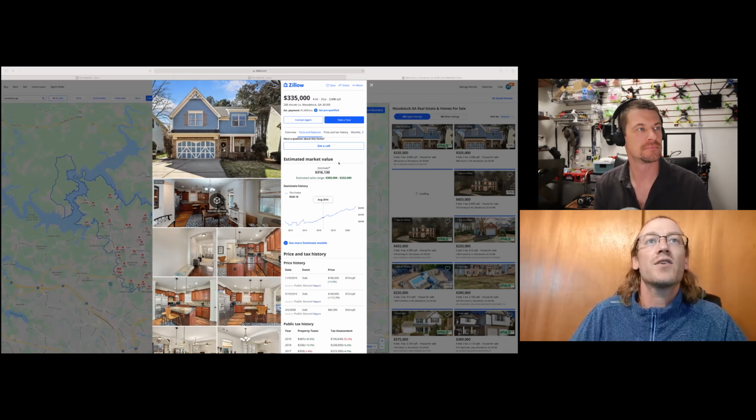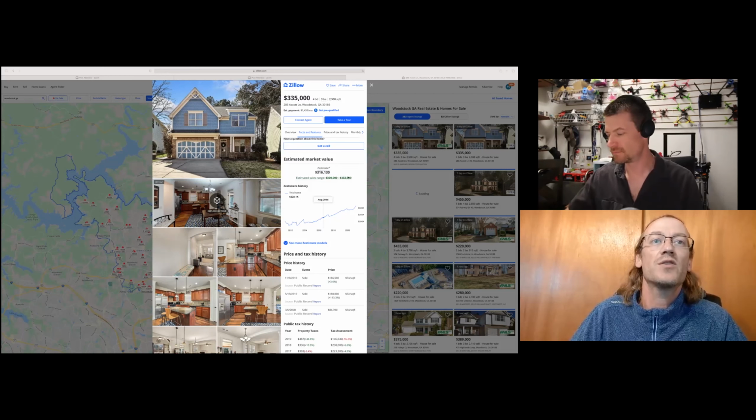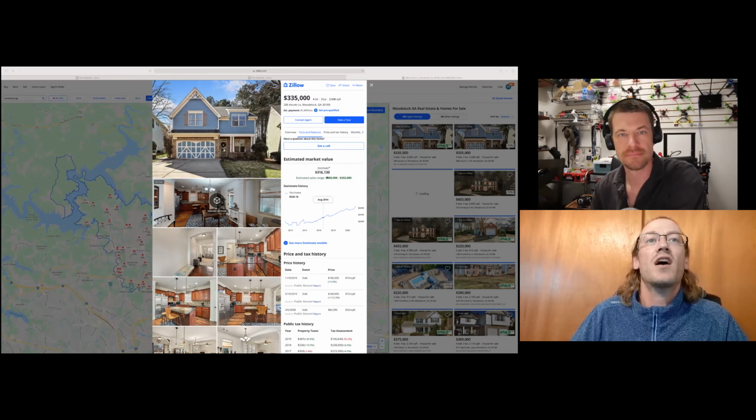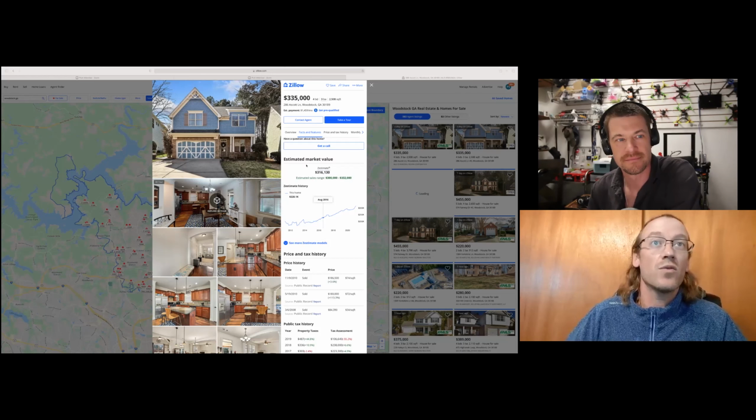So you might consider this, if it was a stock, overbought because the value exceeds what the expected range would be. If this home's price was below 300,000, then you might consider it oversold. That's a good deal or a good price to get in compared to the comparable prices that have been seen on the market as of late.